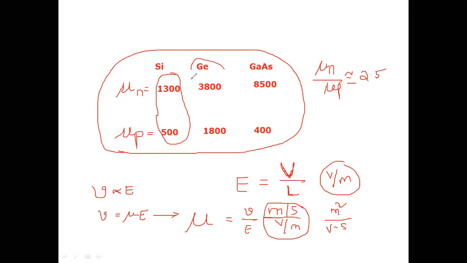For germanium, if you take the ratio mu n by mu p, that is 3800 by 1800, it is nearly equal to 2. And for gallium arsenide, the ratio of mobility of electrons to mobility of holes is nearly equal to 20.